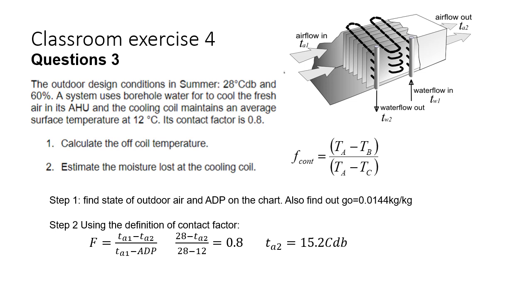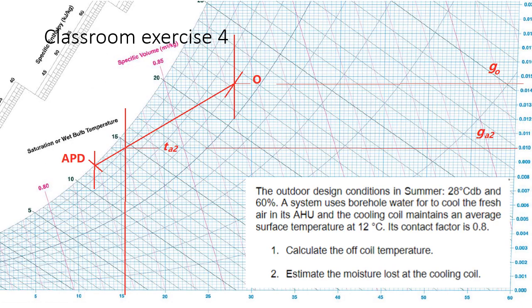Now, we plot this 28 situation, we can find out the moisture content before the treatment, right? It's 0.0144 kilogram vapor per kilogram dry air. How do we know that? Here, this is 28 temperature, and this is 60%.